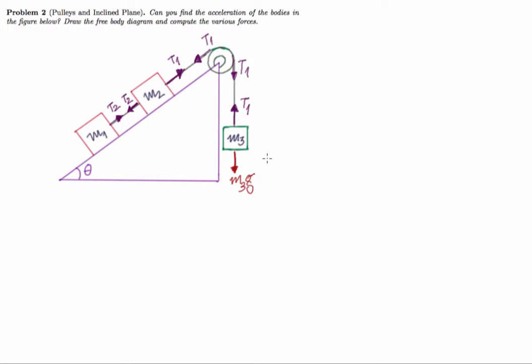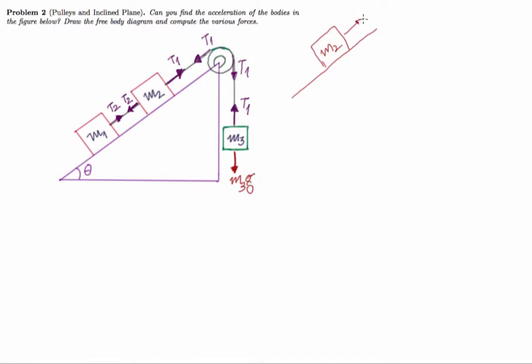What about M2? M2 first gets a force from the inclined plane, so that is the normal force, and the normal force is normal to the surface. So if the surface is like this and an object is placed on it, let me draw it for M2 separately. So M2 is kept like this.